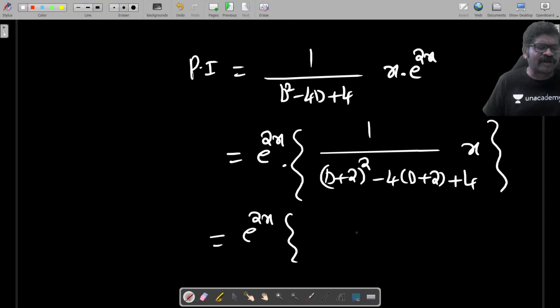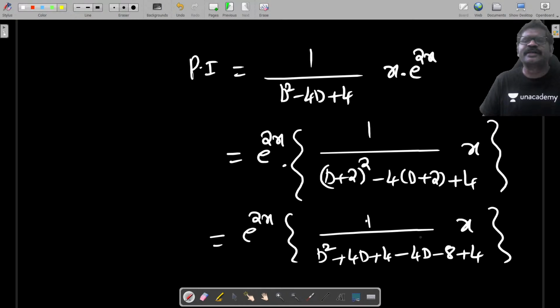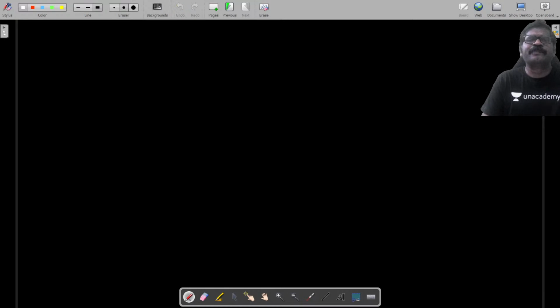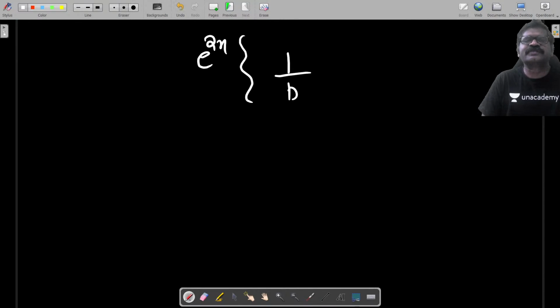E power 2x of 1 by D square plus 4D plus 4 minus 4D minus 8 plus 4 multiplied with x. So here plus 4 plus 4 is 8, minus 8 cancel, plus 4D minus 4D cancel, that is e power 2x of 1 by D square of x.